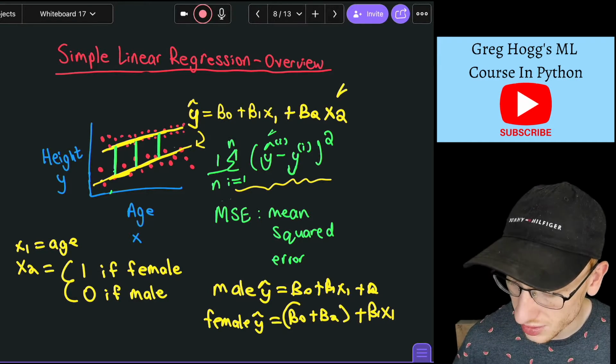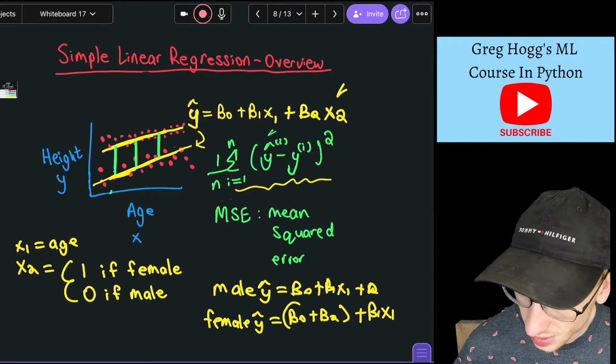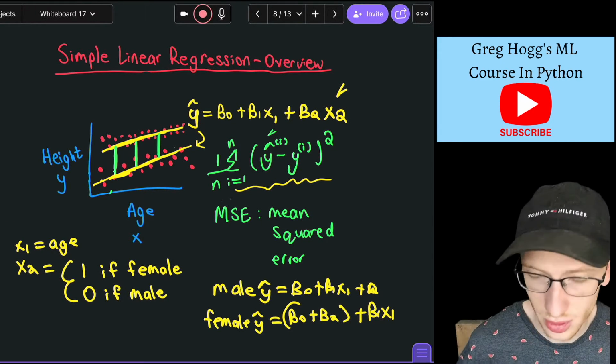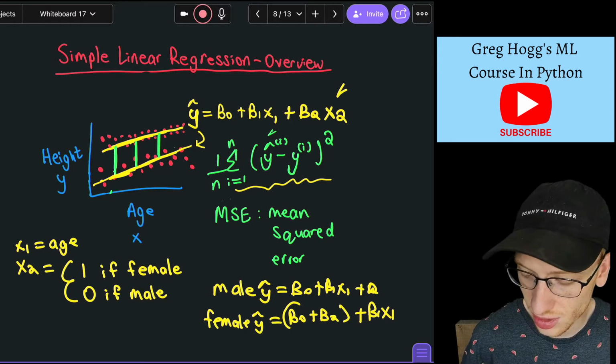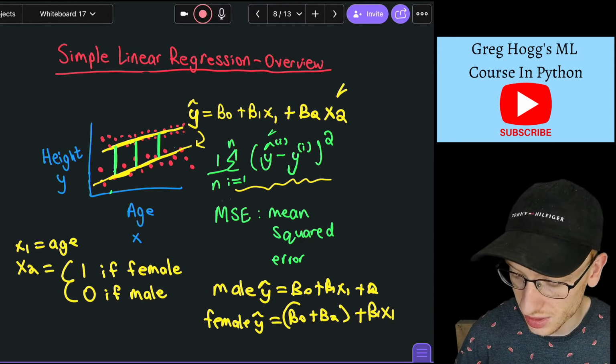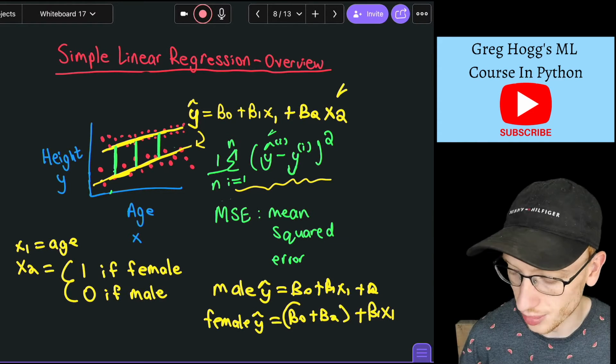So really all I did, this value here is beta 2. This value is beta 2 because it's just the increase between the two lines. It's saying if you're female, I'll bump you up by this value. That's the interpretation of beta 2.